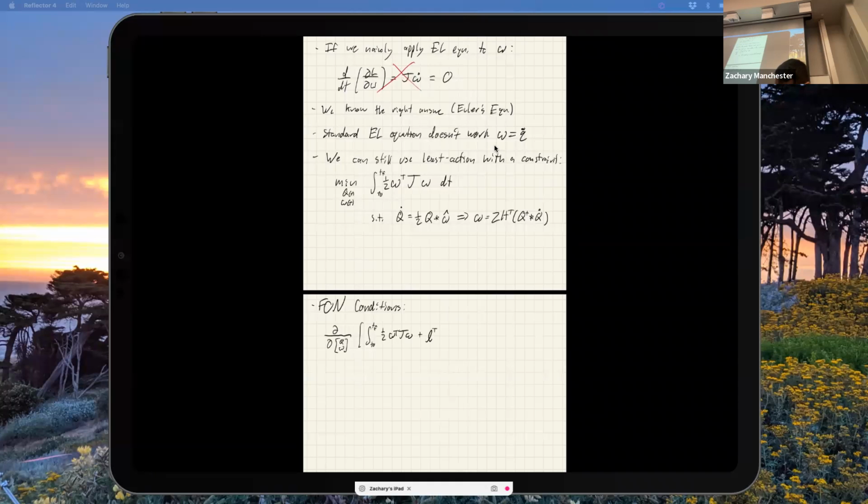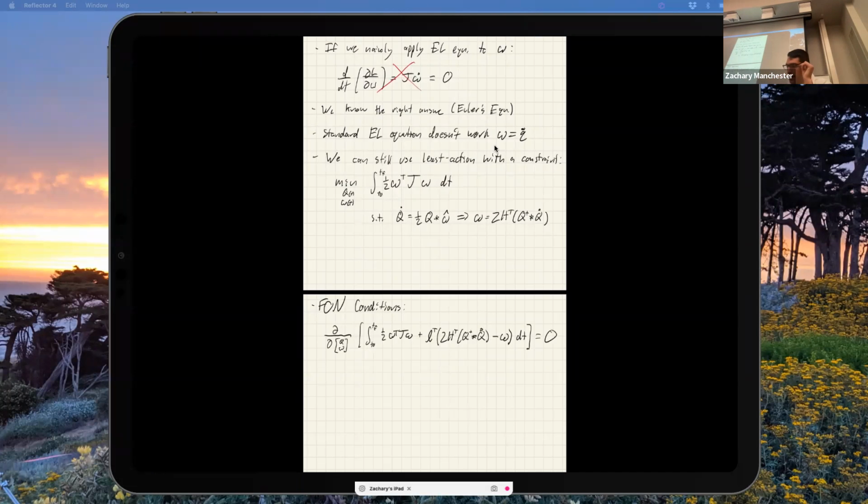I'm going to call this Lagrange multiplier L. And then this is 2H transpose Q dagger times Q dot equals omega, right? So I'm going to write that down like this, minus omega equals 0. And that's how we do this Lagrange multiplier stuff. This guy's variational derivatives with respect to both Q and omega have to equal 0.